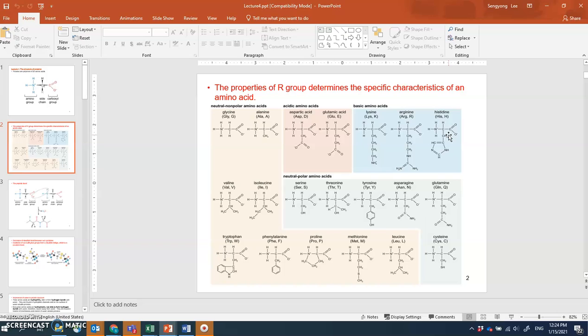You will be asked to draw at least 8 amino acid structures of your choice, and you will be asked to link them through peptide bonds. You'll be asked to label their names, the alpha carbon, amino group, carboxy group, and the side chain structure, and all those things. Okay.